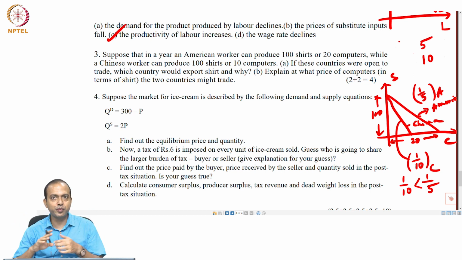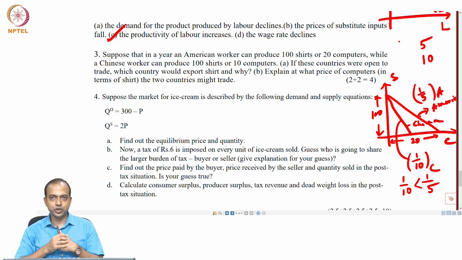So, whenever this type of question is given, which country will export which particular commodity, what we need to do is find out the opportunity cost, because opportunity cost only defines the comparative advantage. Here opportunity cost of cert is 1/10 in China, while that is 1/5 in America.